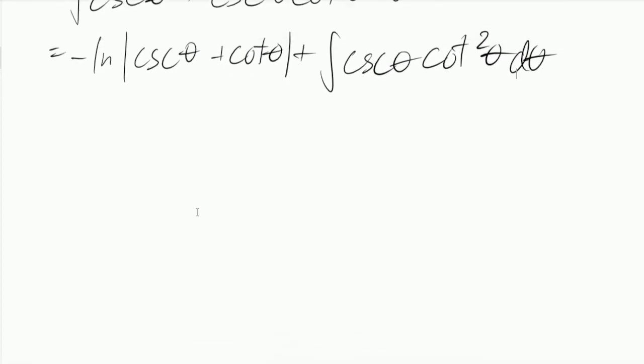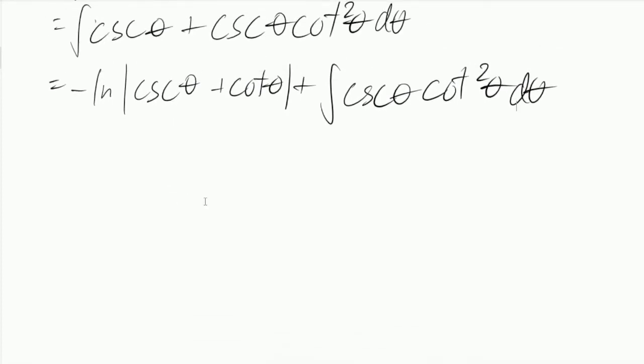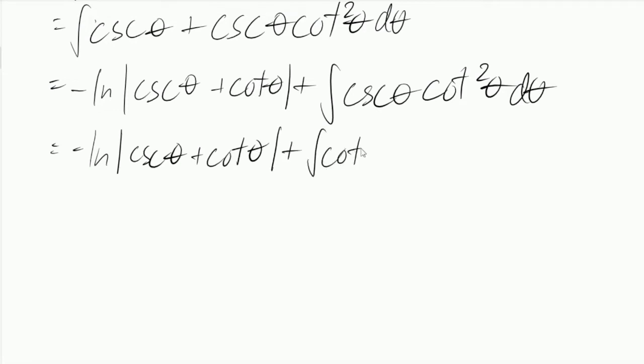Okay, next, first we're gonna separate cotangent squared, so it will become cotangent theta times cosecant theta cotangent theta d theta, like that.